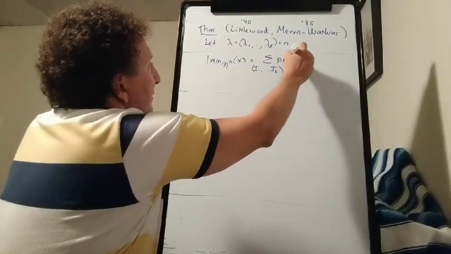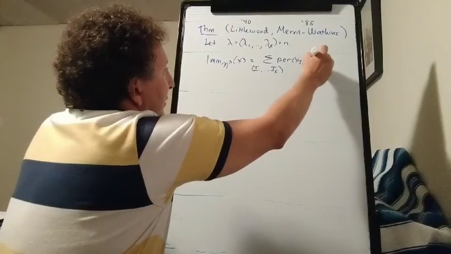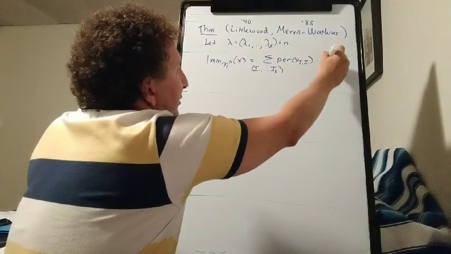We take the permanent of the I1 submatrix times the permanent of the I2 submatrix, etc., and multiply those together.